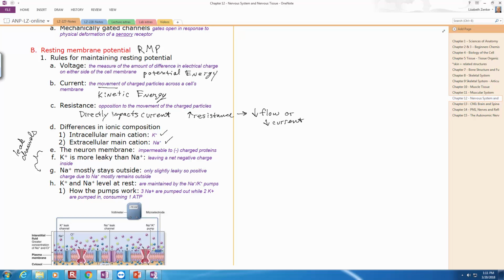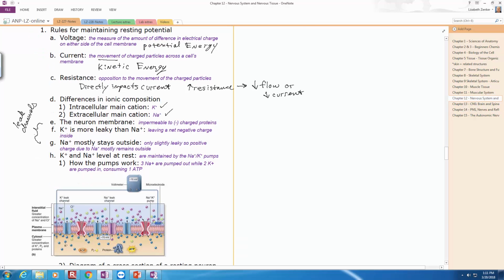It's similar to what happened with the muscle, where we had a chemically gated one on the outside of the muscle cell, which was your neuromuscular junction, and then we had a voltage gated one for the sarcoplasmic reticulum. So this is all going to occur on the outside of the cells, not inside and outside like muscle physiology, but it's all the same kind of principles.